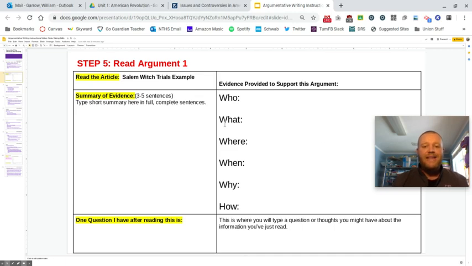And then you're going to take that information here, right, and you're going to craft it into a 3 to 5 sentence summary over here, okay, in this box on this side. And then any additional questions that you might have after reading it about the incident or the issue, you would type those questions below. But today we're going to focus here on the note-taking, okay?